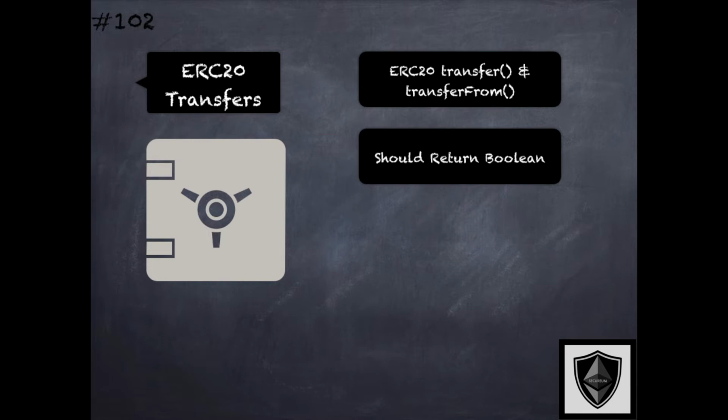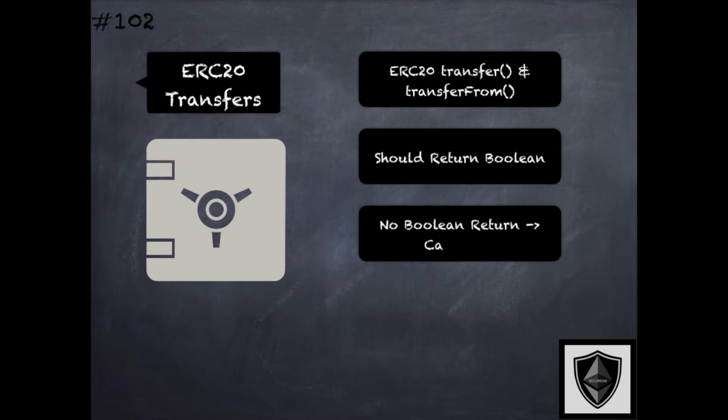However, not all token contracts adhere to the specification. So they may not return Boolean values, they may not return any value at all, or they may return a different value of a different type. In such cases where they do not return a Boolean value, callers that assume the Boolean values to be returned may fail.